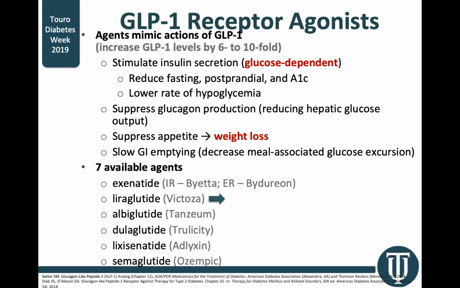First, they will stimulate insulin secretion, again, the same as DPP-4, in a glucose-dependent manner. So with that said, GLP-1 receptor agonists will help reduce fasting blood glucose, postprandial blood glucose, and also A1C. Because they act in a glucose-dependent manner, we will see a lower rate of hypoglycemia.